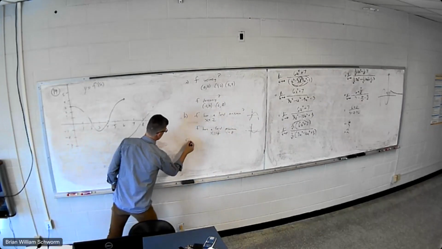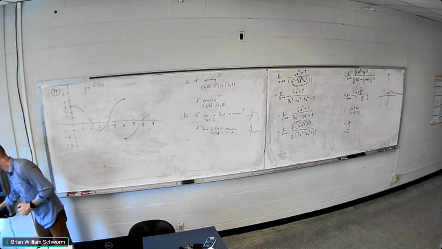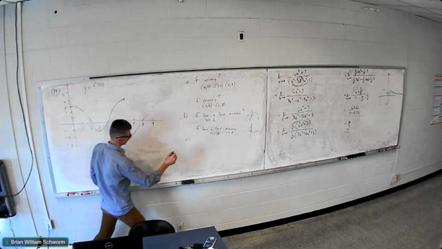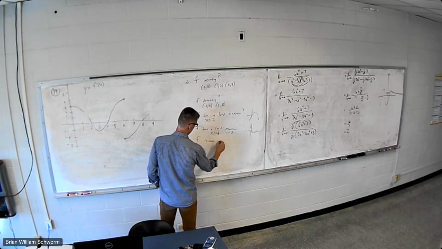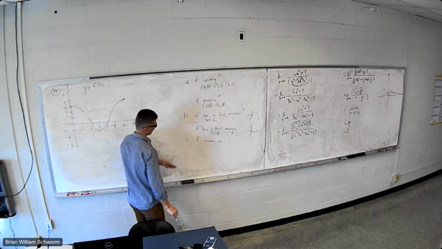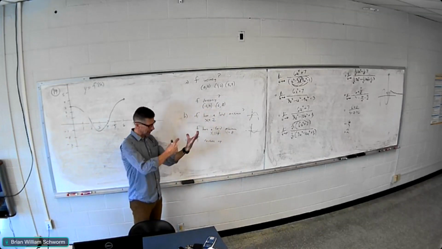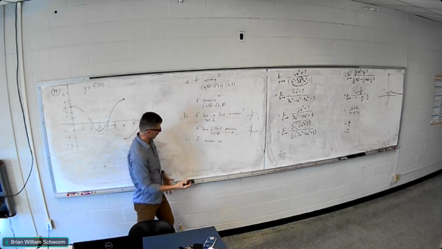Part C. Concave up. Where's F? Concave up means that it's curving in such a way that the concavity is facing up.